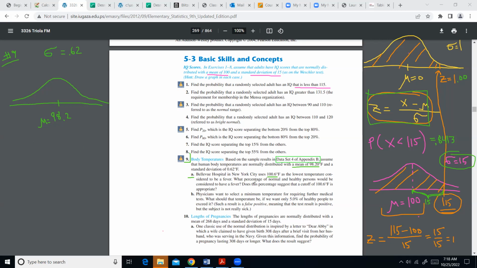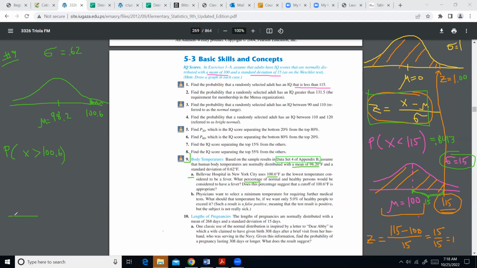So the question is, what percentage, what probability, percent, probability, the same thing, that people will have X higher than or equal to 100.6. So in other words, what part of the population will have a fever? Because fever is when you have a high temperature, right? So it could be a cutoff of 100.6 or higher.